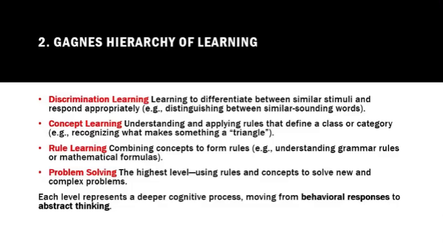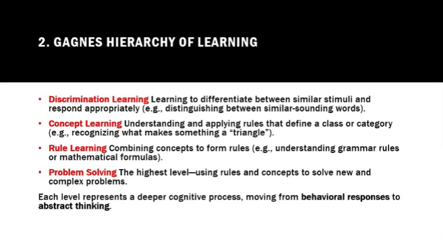Then, discrimination learning. It means learning to differentiate between similar stimuli and respond appropriately, for example distinguishing between similar sounding words. Next, concept learning. Here, understanding and applying rules that define a class or category, for example recognizing what makes something a triangle. Then, rule learning.